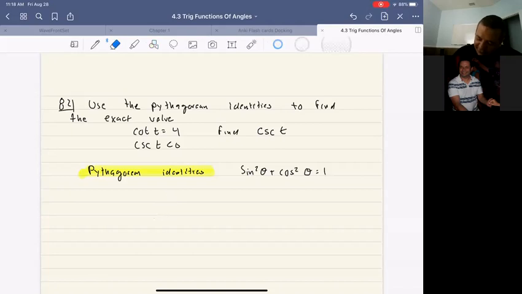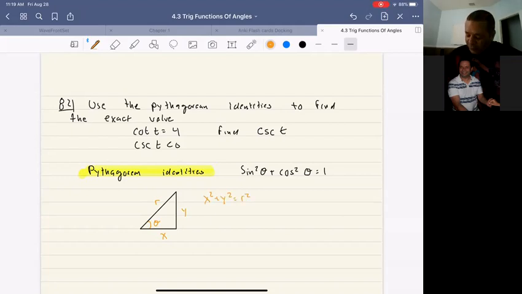Okay, if you think about it in terms of a triangle, let's say this is x, this is y, this is r. Okay, then you have, of course, x squared plus y squared equals r squared. Dividing through by r squared, x over r squared plus y over r squared equals 1.